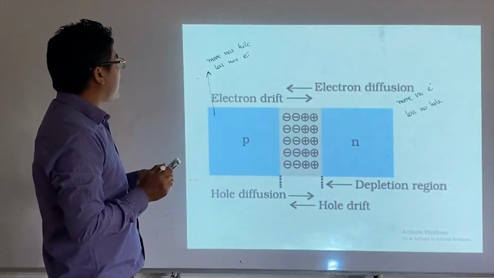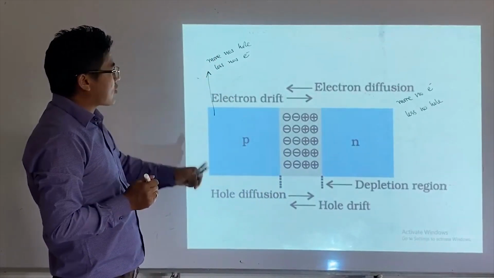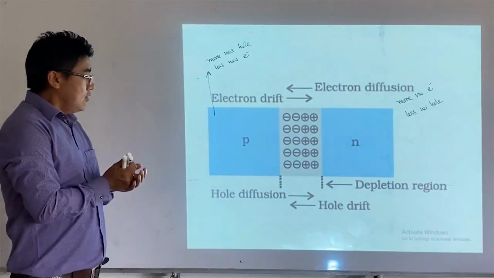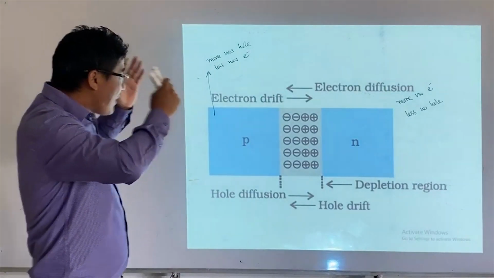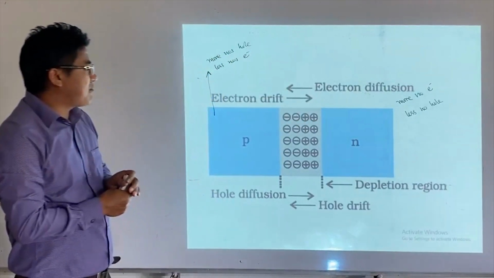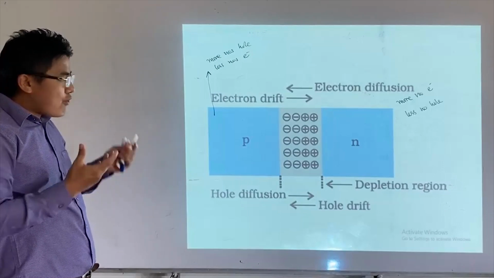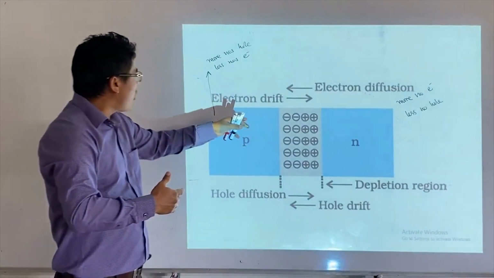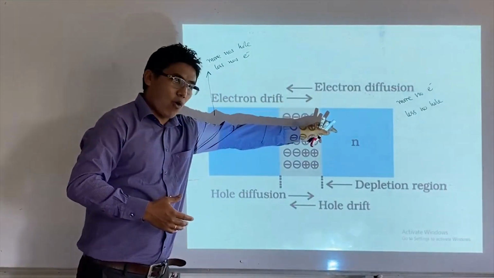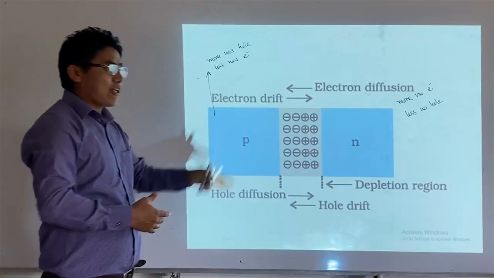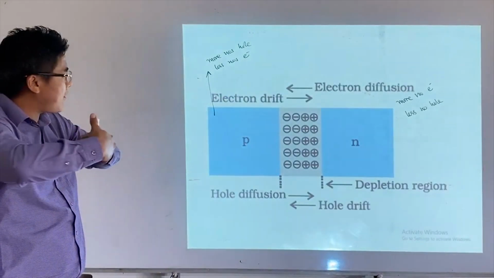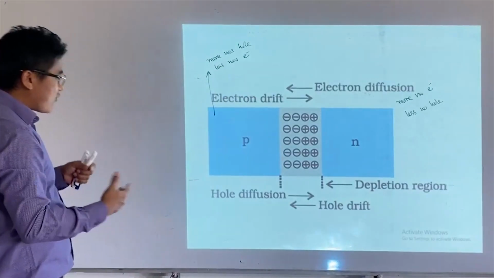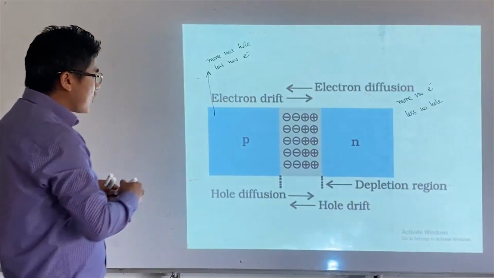Because in p-type the majority charge carrier is hole and the minority charge carrier is electron, and in n-type the majority charge carrier is electron and the minority charge carrier is hole. So as soon as I join them, there is a concentration gradient, and diffusion takes place immediately.